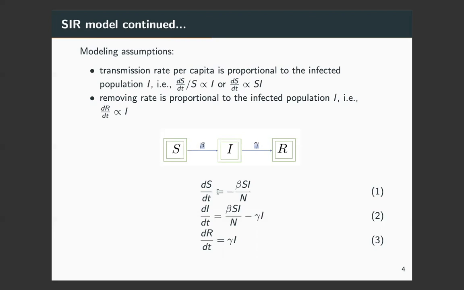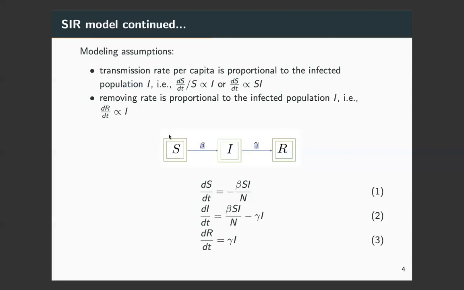As we see, the change in the susceptible class per unit time will be proportional to the size of the susceptible population and the size of the infectious population. Here, beta over N is just constant, since beta is a constant and N is a constant. There's a negative sign here since the class of susceptibles is decreasing.